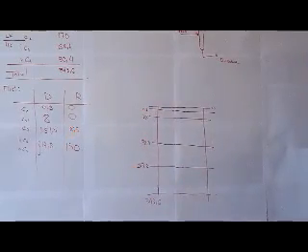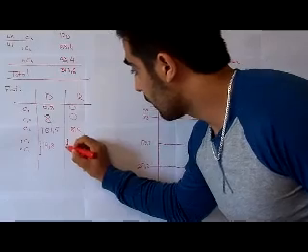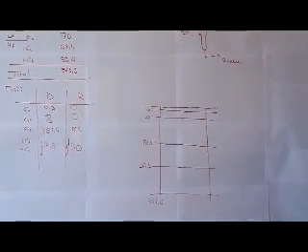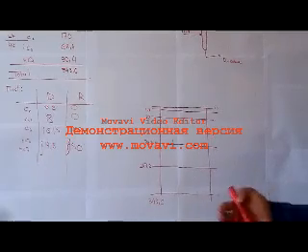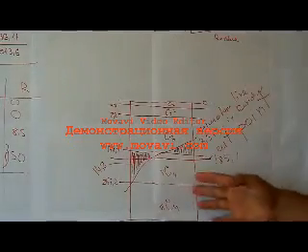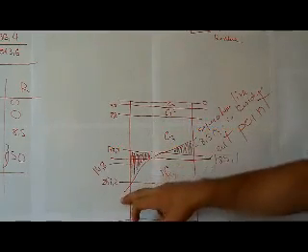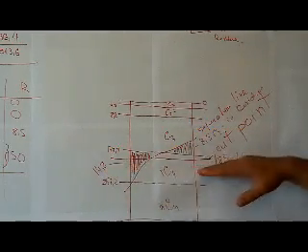Now we have to find the cut point and separation line. This is the ready drawing for you. This one is the separation line and this one is the cut point.